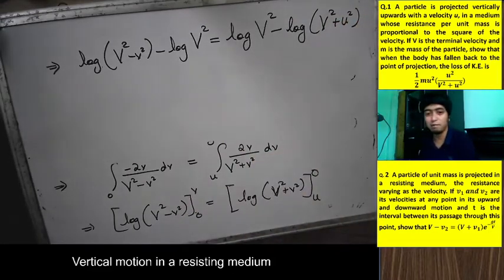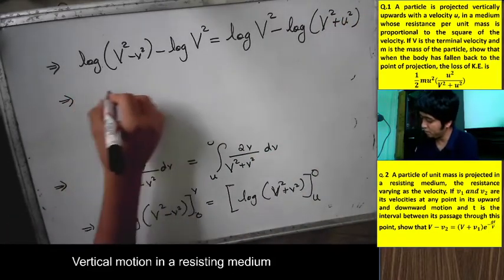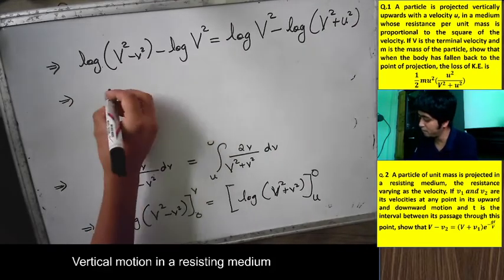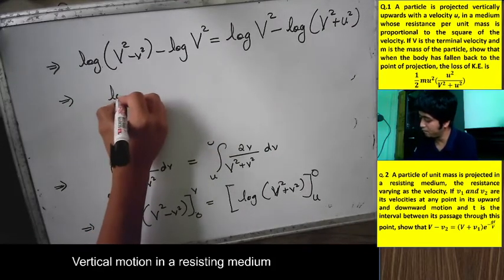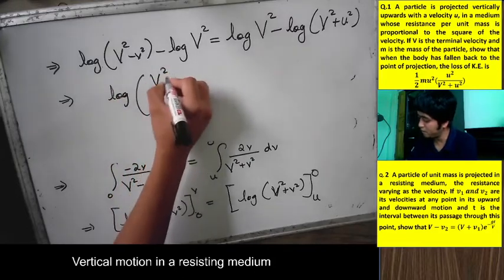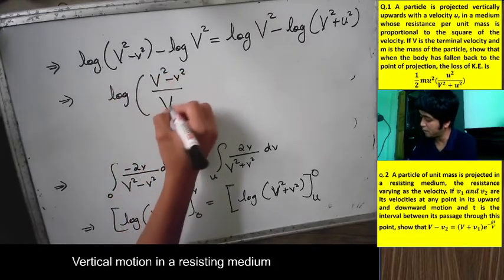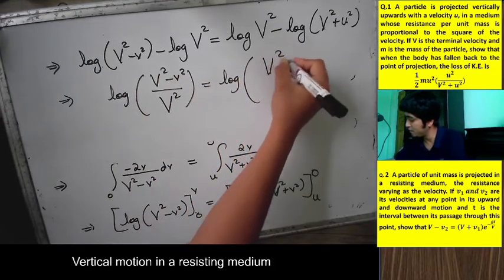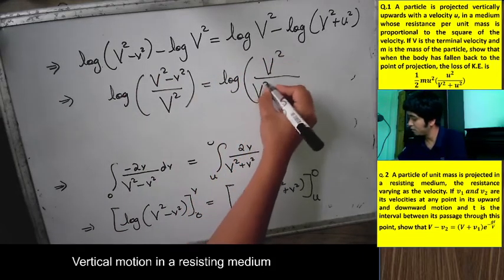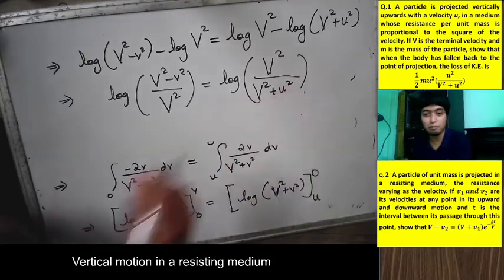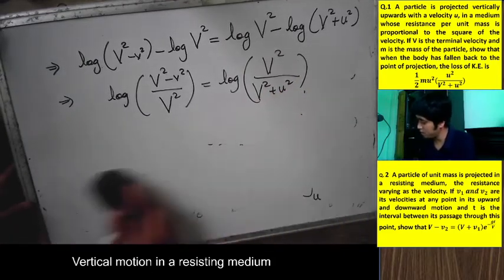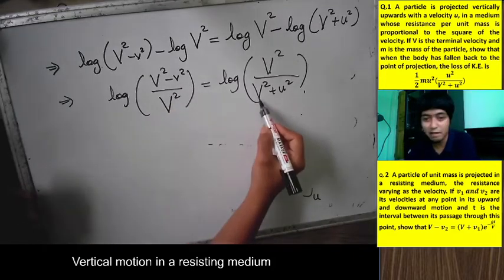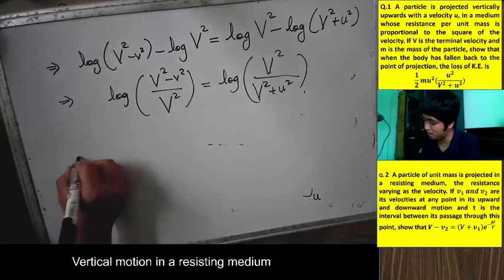So this is what we will be having. If we use the properties of logarithm, we will be having log of v square minus v square upon capital V square, whereas over here we will be having this: over here capital V square minus v square, and over here capital V square plus u square.